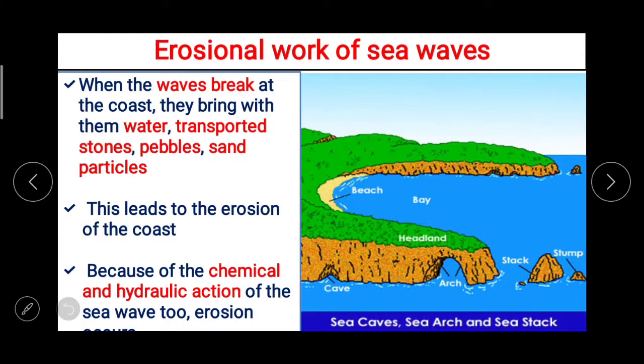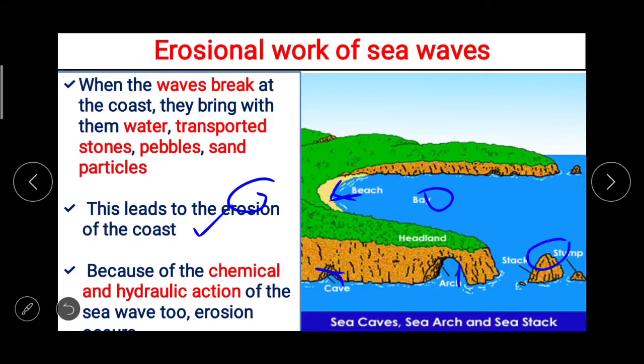Next thing, when the waves break at the coast, they bring with them water, transported stones, pebbles and sand particles. This leads to the erosion of the coast, and because of the chemical and hydraulic action of the sea waves too, erosion occurs. Here you can see beach, bay, stack and stump, cave, arch, that we will see in detail.